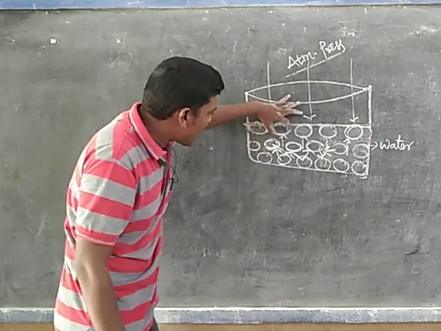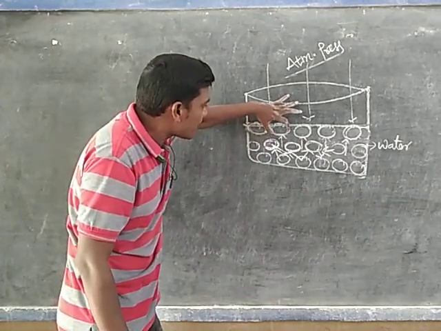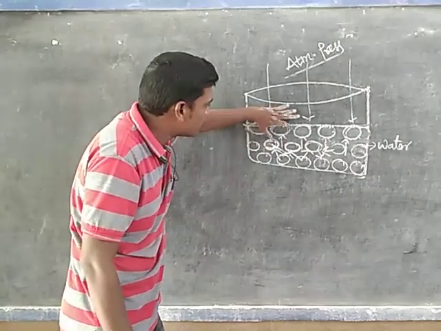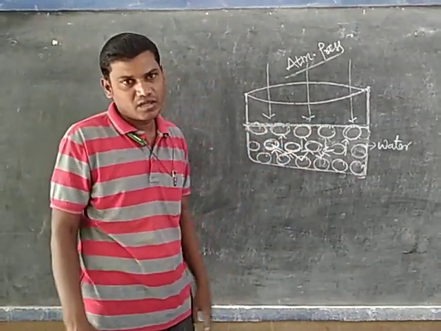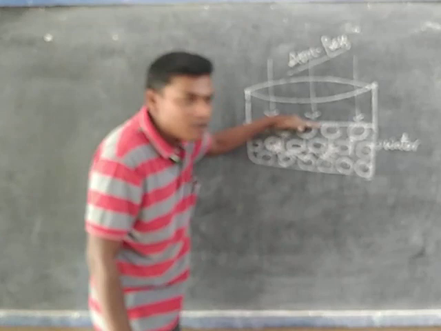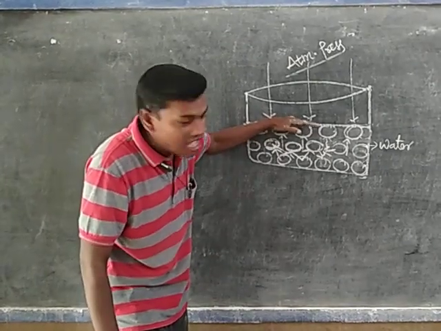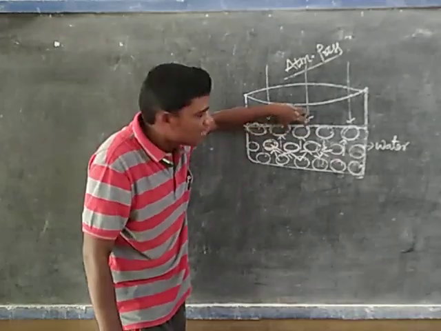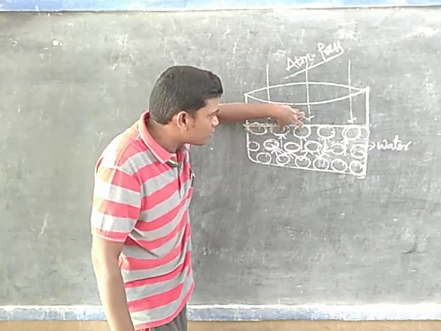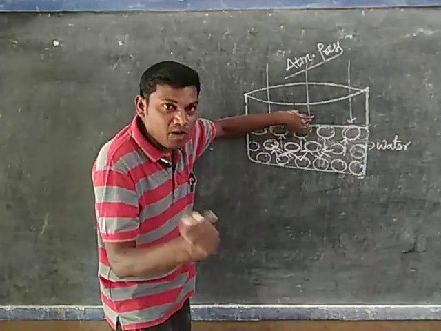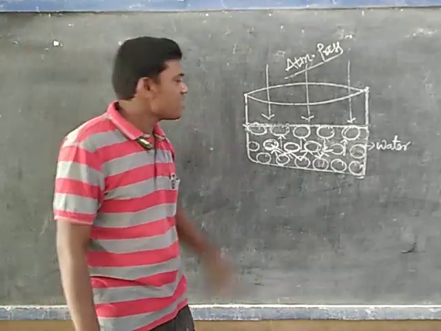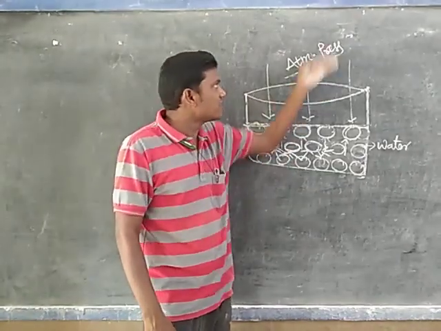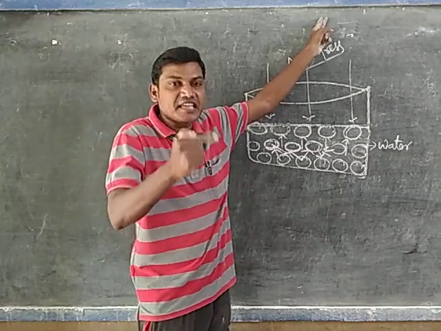That's why the energy of the water molecules near the surface is more than the lower ones. So when this energy increases, what will happen? With the help of that excess energy, the water molecules near the surface overcome the atmospheric pressure, escape, and enter into the surrounding air as a gas.